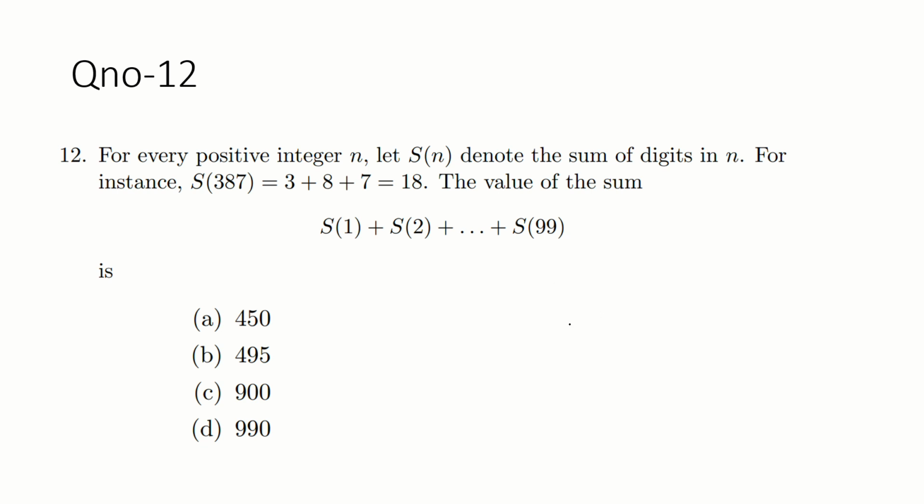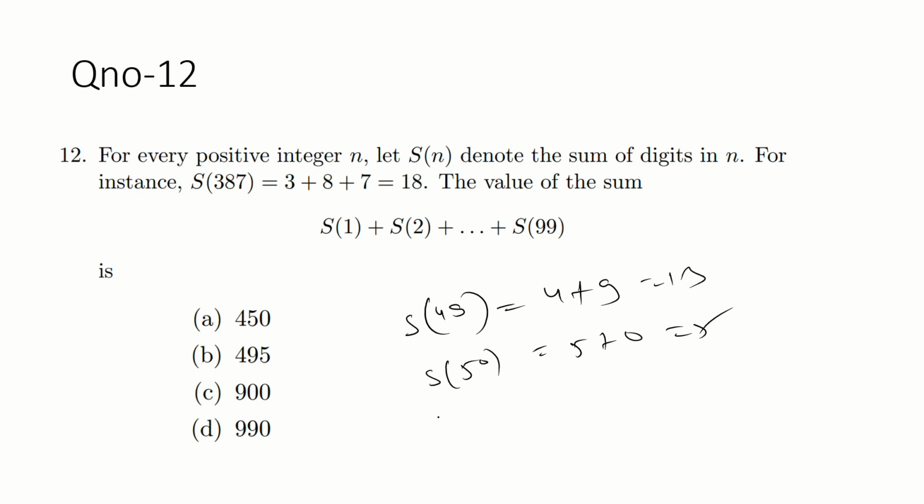Whatever number you have, suppose you have S49, it is defined in the question itself that it is 4 plus 9. S50 means 5 plus 0, that is 5. And 9 plus 4, that is 13.